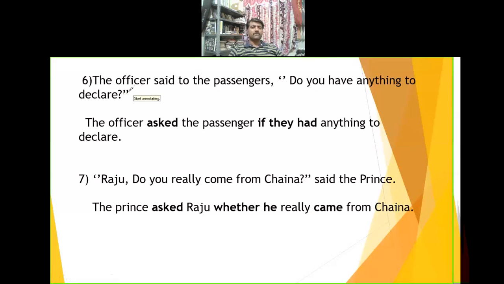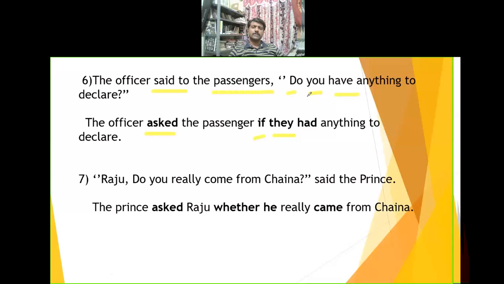Okay. The officer said to the passengers, do you have anything to declare? Question. The officer asked, I have changed it. I have changed and added the joining clause if, and you becomes they. Why? He is talking to passengers. It's plural.